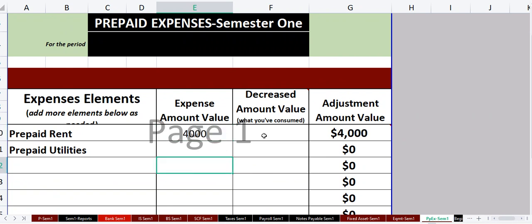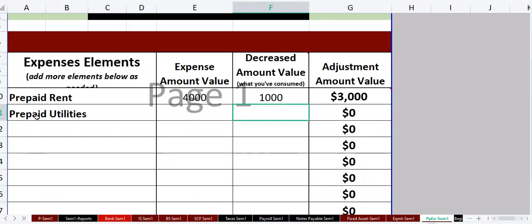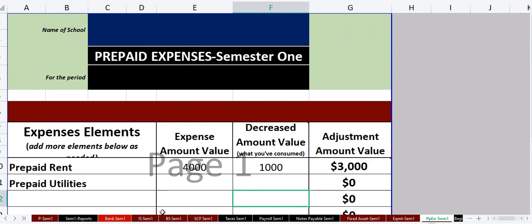The year ended, we paid another 1,000, so it has reduced to this. Prepaid utility is maybe a current bill or water bill, whatever it is that you pay ahead. In this case, we didn't pay any utility bill ahead of time, so we leave it just like that. So that is how we end this particular section.